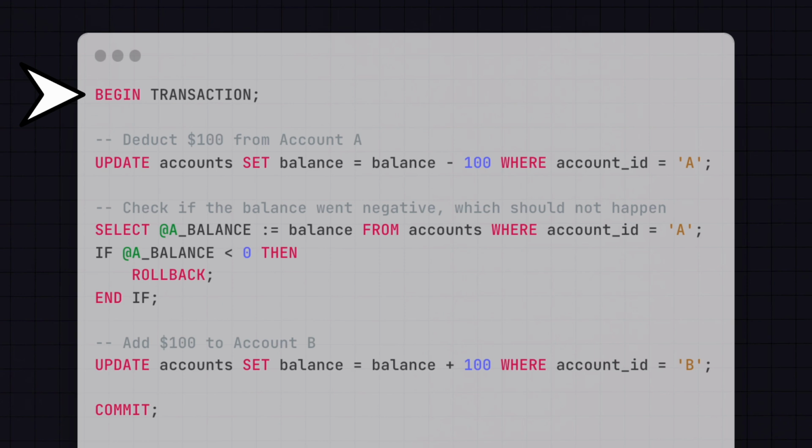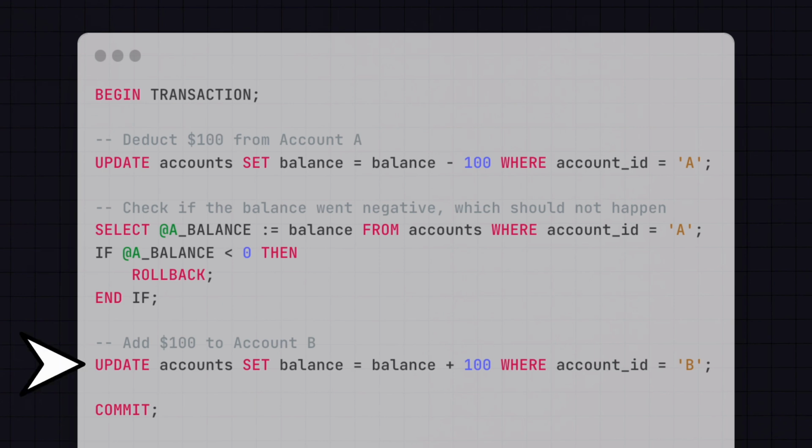We start by doing begin transaction to ensure the following operations are part of a single atomic process. Then we deduct $100 from account A, and next we check if the account has sufficient funds. If the account doesn't have enough money, the transaction is rolled back using rollback transaction, canceling all changes.